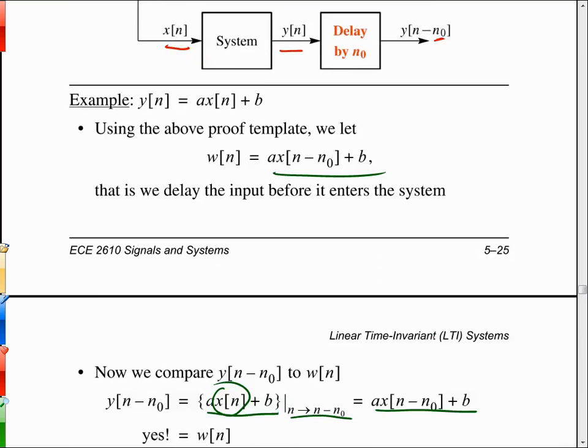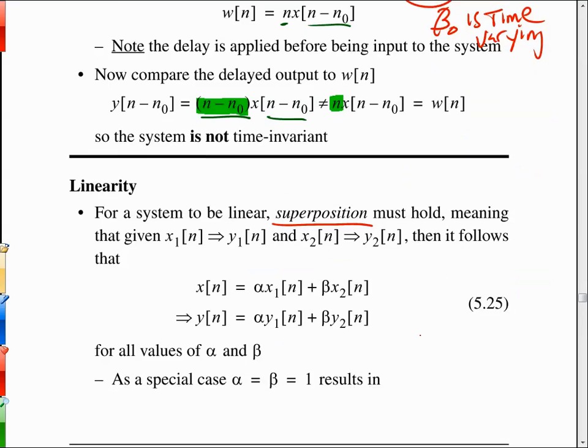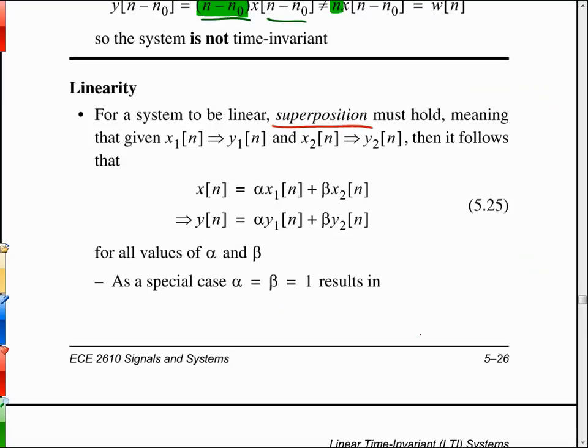So we did a couple examples of that, and we'll come back to some more in the worksheet. The other big property that we like to have in systems is linearity. And linearity is another way of saying superposition holds.